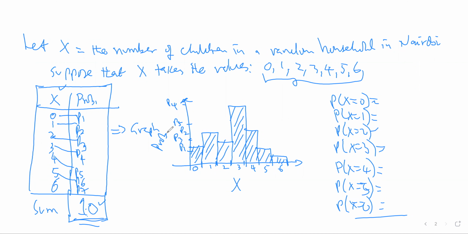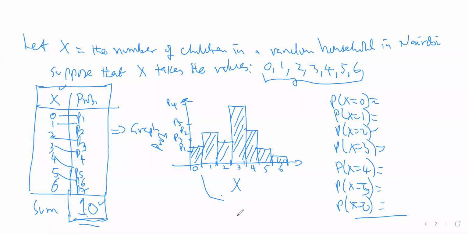Then in most of the cases, when you have a table like this or a graph like this, you may not exactly know what is the name of that probability distribution. So to help us identify the exact probability distribution, we use a formula.